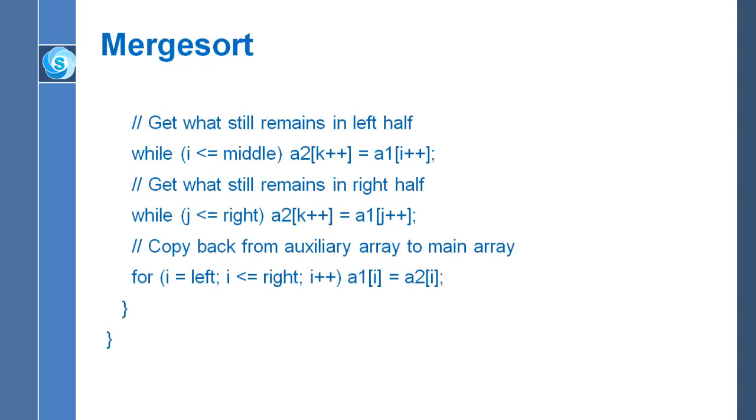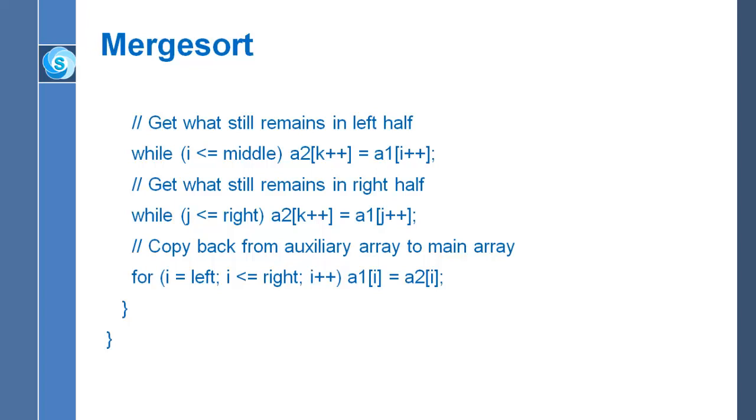Okay, after that loop finishes, one of those two indexes will have wandered beyond the portion that it's intended to index into. But there remains the job of copying the remainder of the other portion into the auxiliary array, as we discussed previously. Okay. Well, the two while loops set up here are responsible for doing that job.